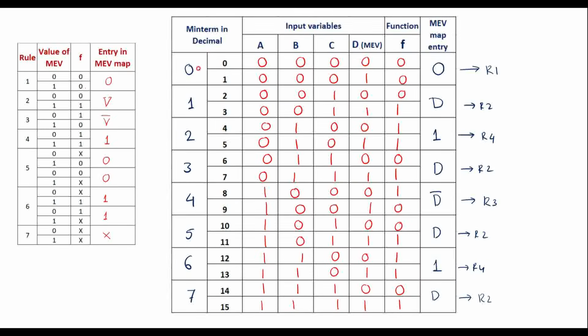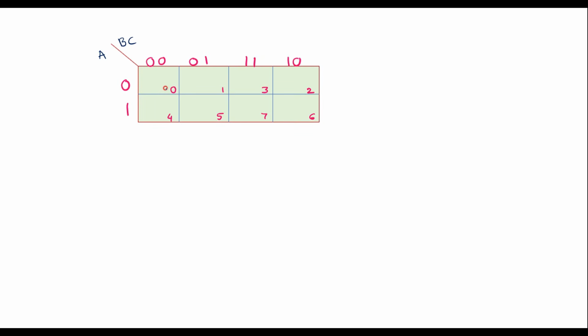So here we can see for minterm 0, the MEV map entry is 0, that we are supposed to enter here.